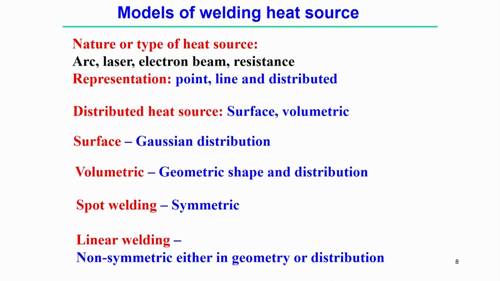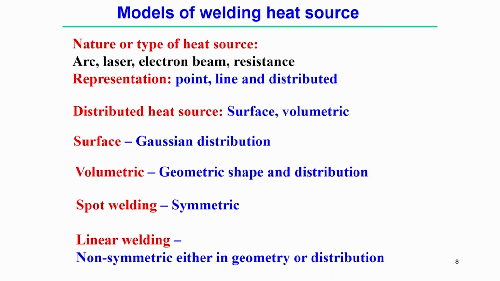Another aspect of the representation of the heat source is whether it is symmetric or non-symmetric, and in what way we can decide that. For example, in the case of spot welding, the heat source can be represented as symmetric in nature, but in the case of linear welding, when there is a movement of the heat source with respect to a certain plane, the heat source is non-symmetric.